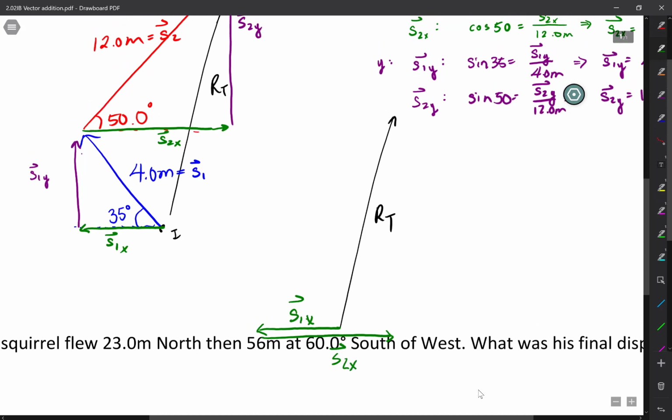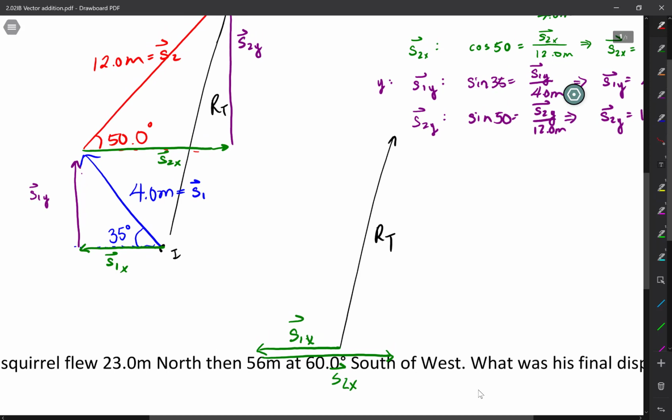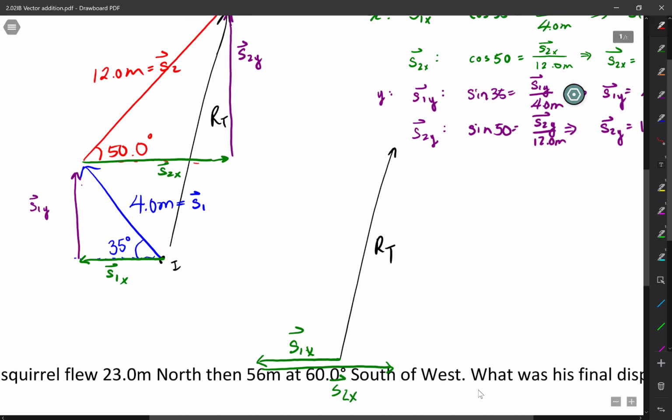And notice that when I add the two vectors from tip to tail, remember adding vectors is tip to tail, my resultant vector from the initial point to the final point gives me exactly the x component of my resultant vector.